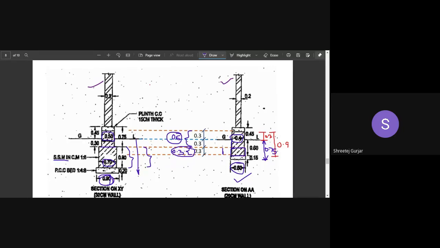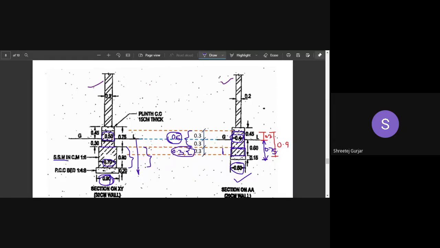So now we have to calculate the remaining part. So how much is the height? It is 0.6. Okay, 0.6 meter is the height, and it is coming in contact with this 30 centimeter wall that is having a width of 0.5. You can see that the width 0.5 is more than the width 0.4.